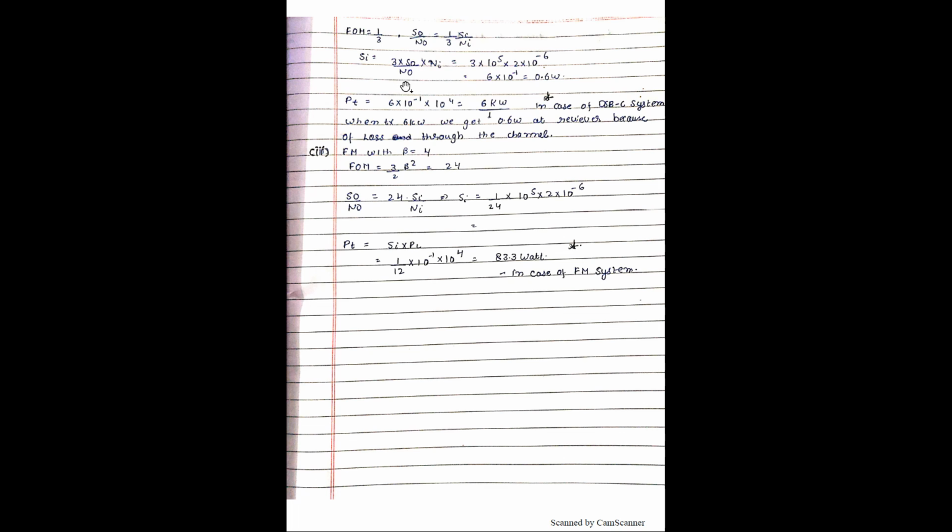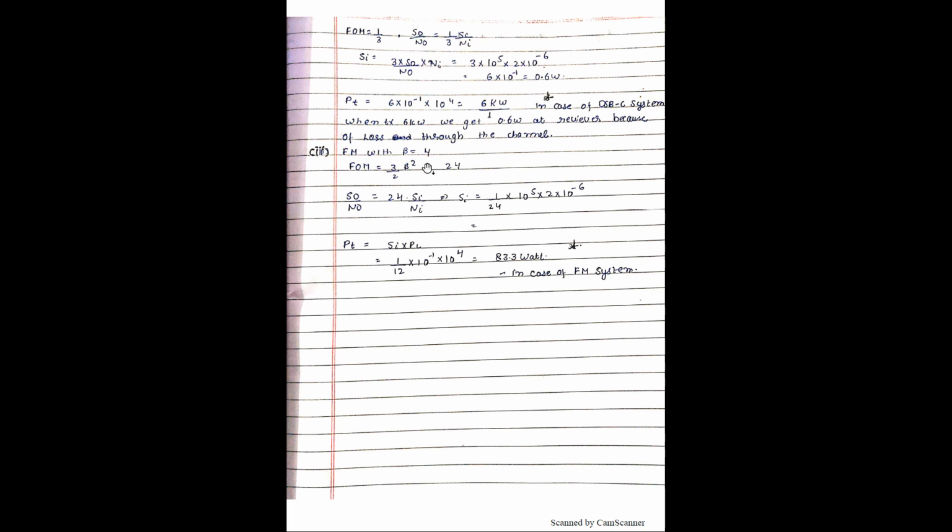S naught by N naught will be 10 to the power 5, and the input noise we have already calculated before, 2 into 10 to the power minus 6. This comes as 0.6 watt. Transmitted power is simply signal into path loss, which is 6 kilowatt. It means we are transmitting 6 kilowatt from the transmitter, and at the receiver input we are getting 0.6 watt. We are losing some power.